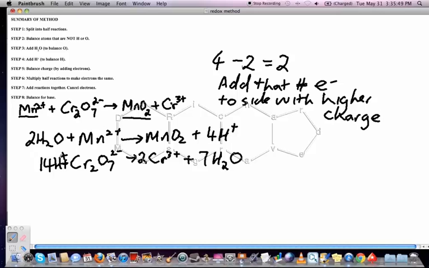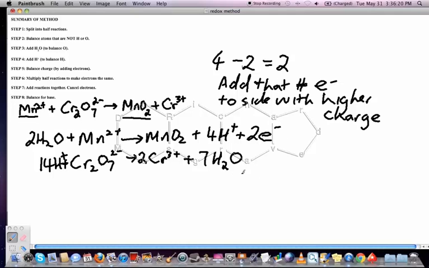So if we've got a total charge of 2 on this side, a total charge of 4 on this side, and my difference is 2, I'm going to add electrons to the side that has a charge of 4. And that's going to balance out my charge. Now, if you don't believe me, take a look. You've got positive 2 on this side. Now, since electrons are negative, that's going to be 4 minus 2, which is 2. So 2 and 2, which means that we've balanced the charge on this reaction.